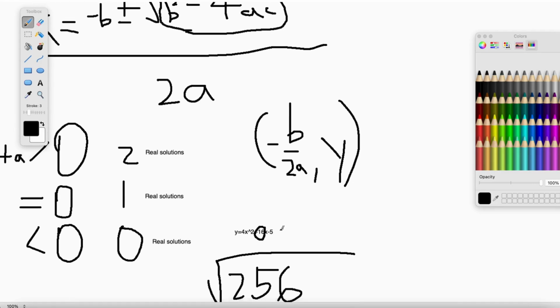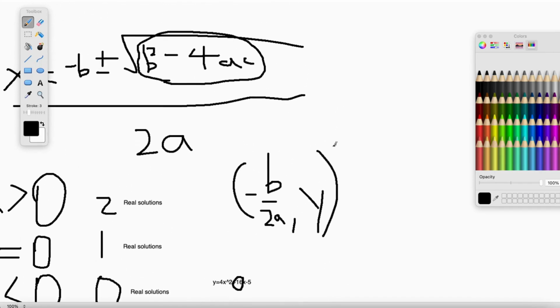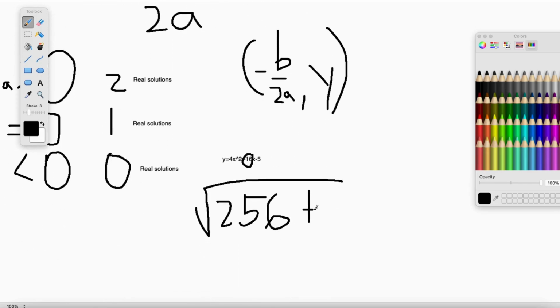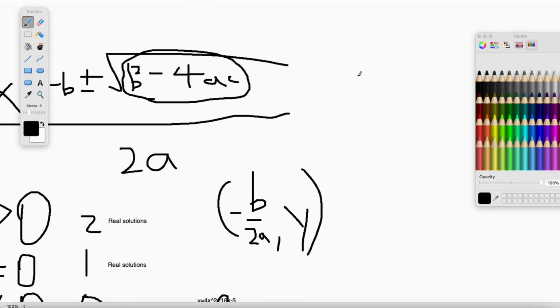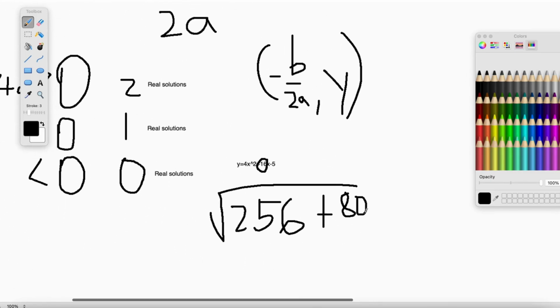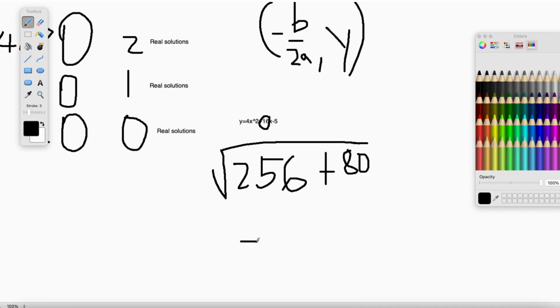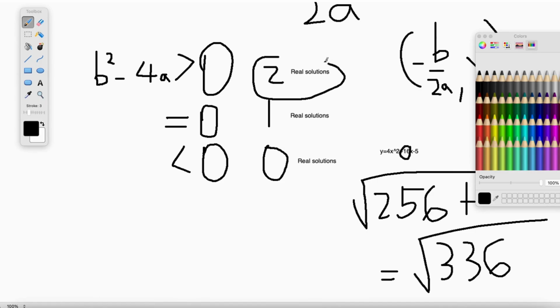And negative 4ac, negative 5 and 4 are the a and c, so 4 times negative 5 times negative 4 is plus 80. Let me check the calculations real quick. Yes, it is plus 80. And that will give us a positive number, which is 336, which is greater than 0, so we will have two real solutions.